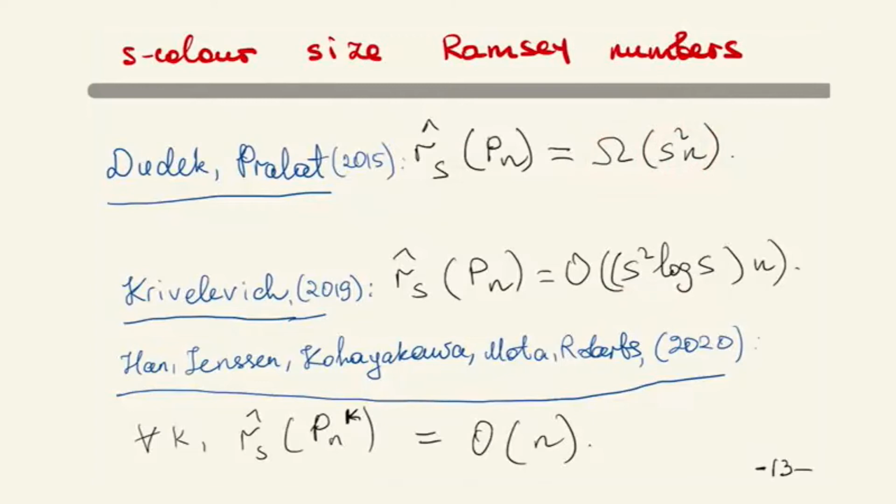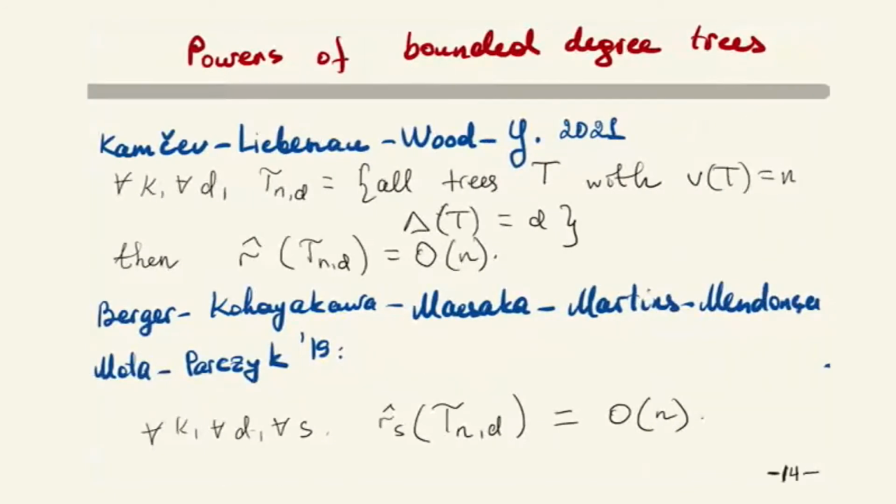And yeah, as I said, for powers of paths, it was proven by Han, Jensen, Koyagawa, Mota, and Roberts that all powers of paths also have linear multicolor size Ramsey number. Okay.